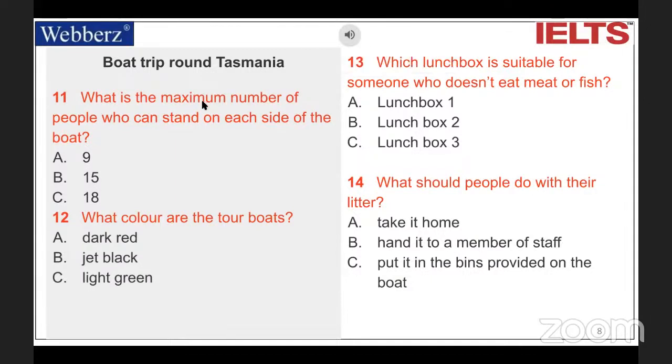Part 2. You will hear a tour guide, Lou Miller, speaking to a group of people about a boat trip they are going to take around the Australian island of Tasmania. First, you have some time to look at questions 11 to 14.